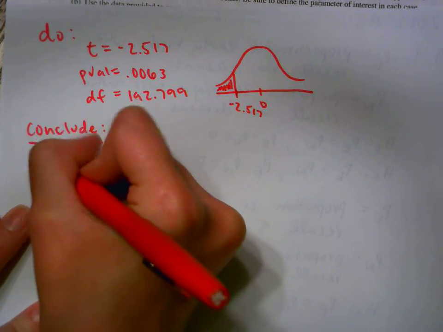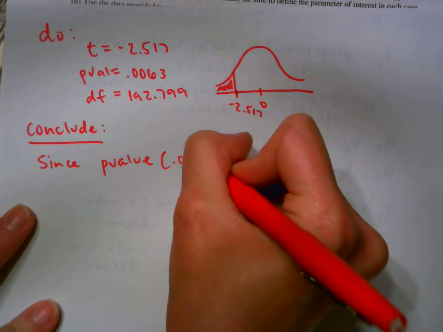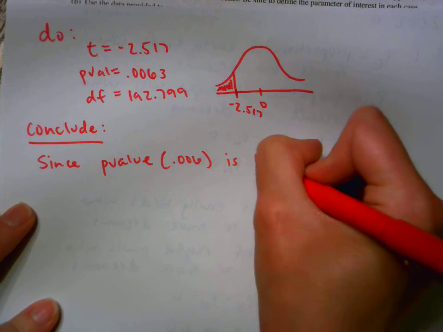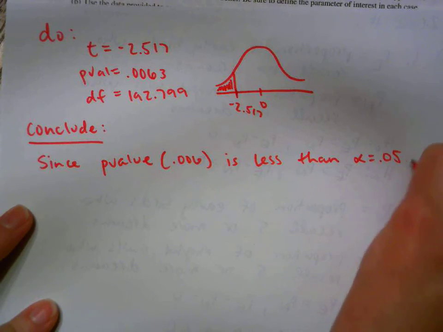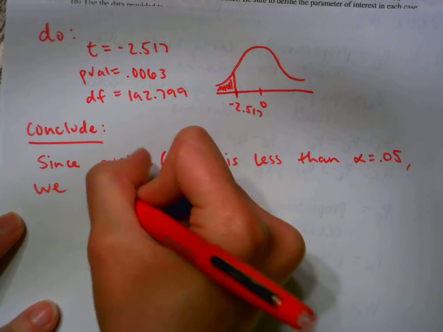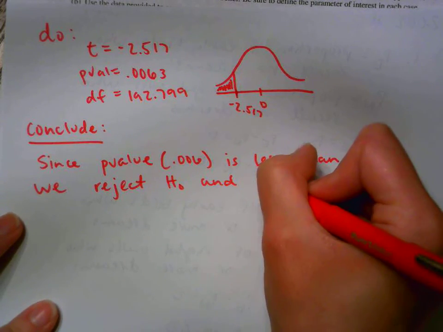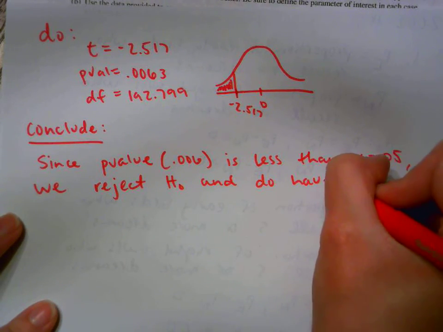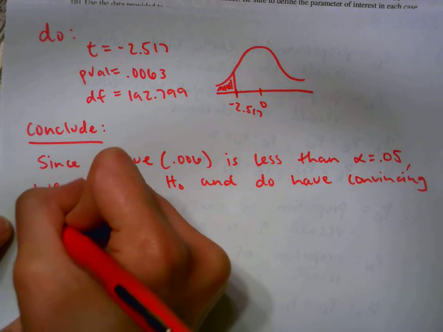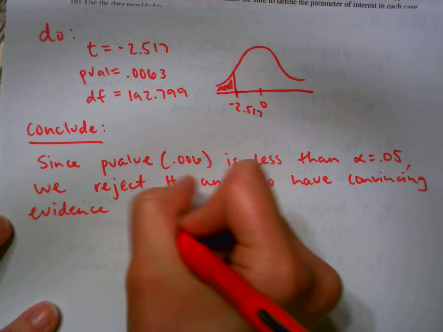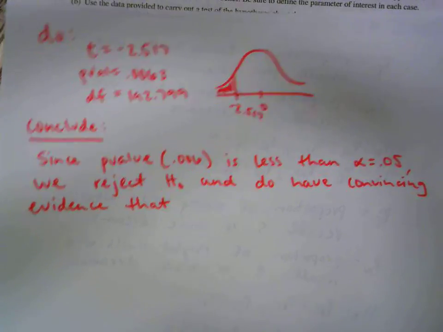Since the p-value, which is 0.006, is less than alpha equaling 0.05, we reject H0, and that means we do have convincing evidence for HA, but we're going to put it in context.